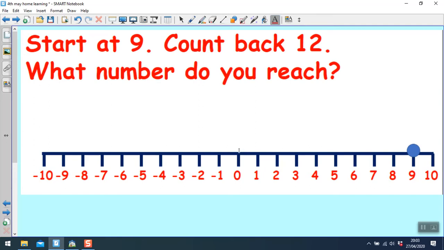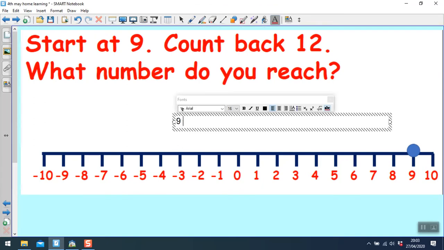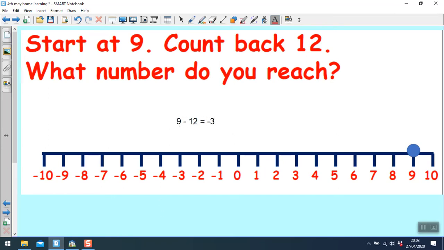I've counted back 9, so I've taken away 9, but I want to take away 3 more so that I've counted back 12 altogether. So if I take 3 more away from 0, I'm going to get to negative 3. So I've started at 9, I've taken away 12, and I've got in the end negative 3. So 9 take away 9 is 0, take away 3 more is -3.